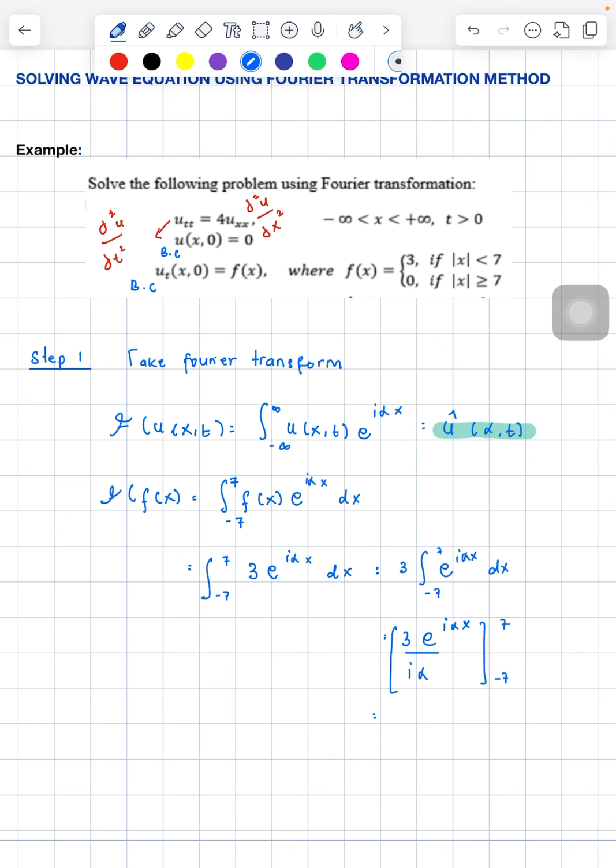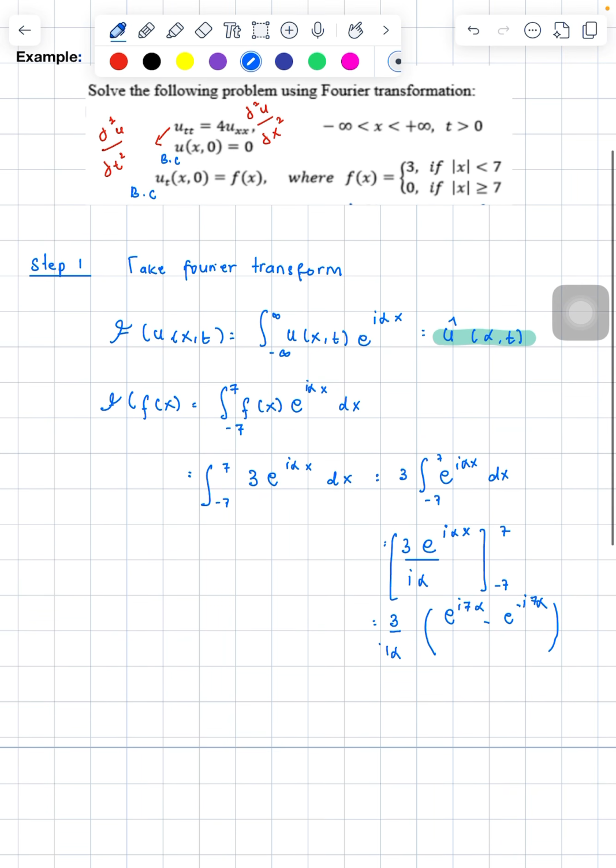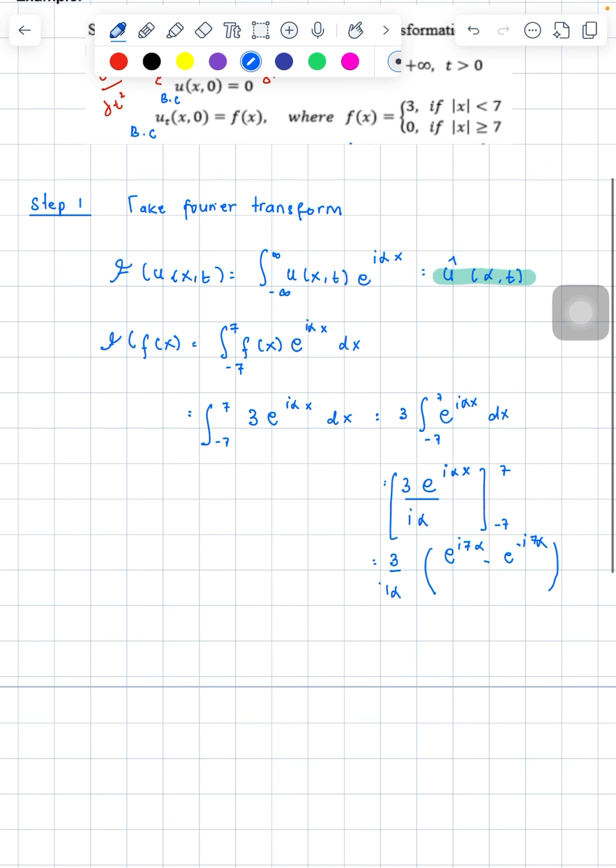Substituting x with -7 and 7, we get 3 over i alpha, times e^(i7 alpha) minus e^(-i7 alpha). This is our Fourier transform of f(x).